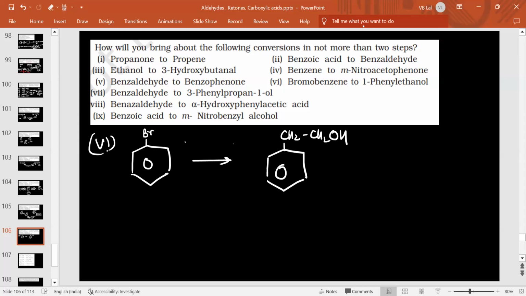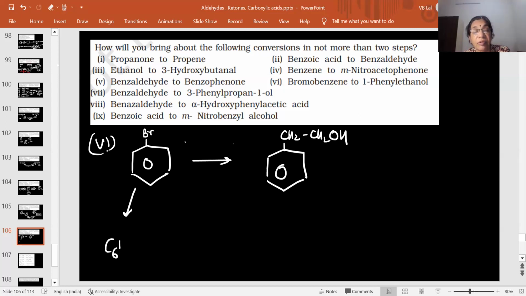Ma'am, by using Grignard reagent. Yes, you can use Grignard reagent. Very good. So we need C6H5CH2MgBr plus CH2=O, that will give me this.